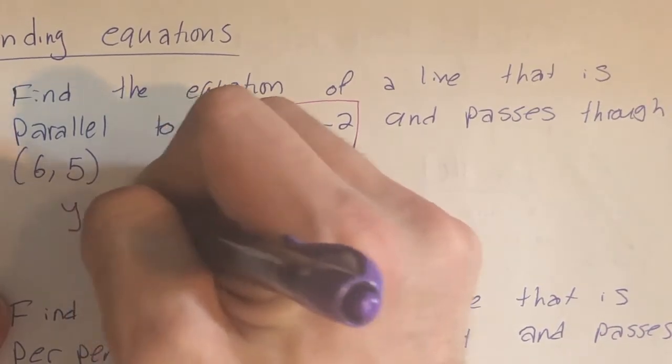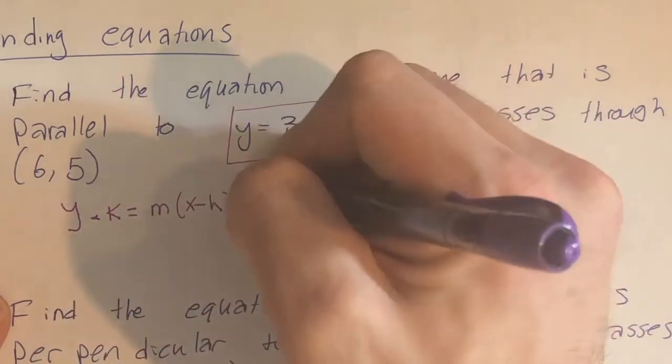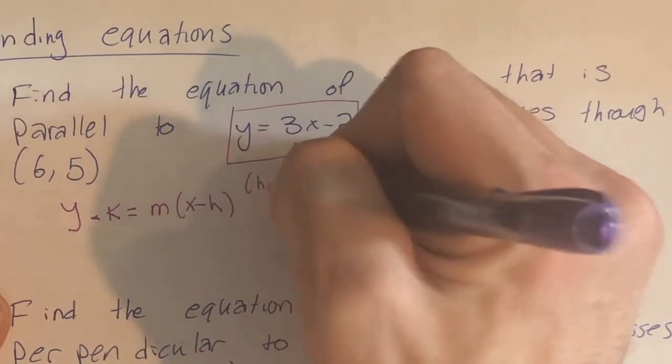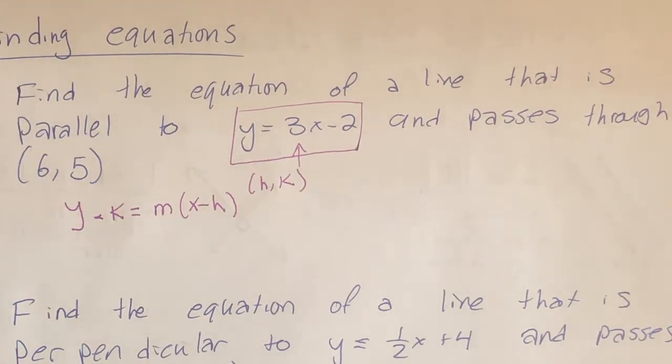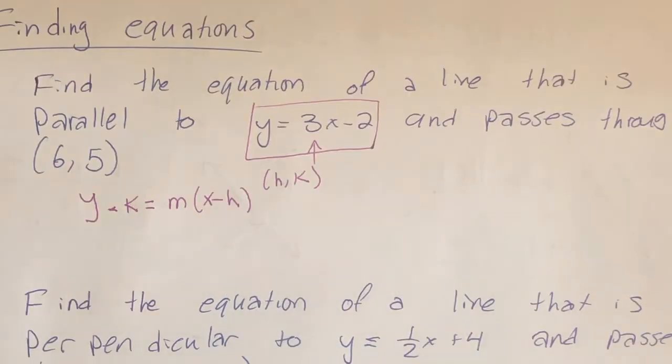We could do y minus k equals m times x minus h, where (h, k) is the point that the line passes through, and m is the slope. Sometimes you might see k written as y1 and h written as x1, and the letters that you call it don't matter. I like to do it this way because I don't like the y1 and the x1 to get confused with the y and the x, but how you do it is your choice.